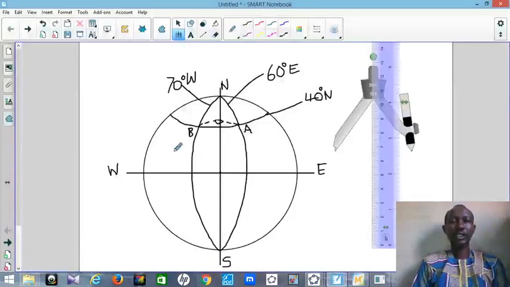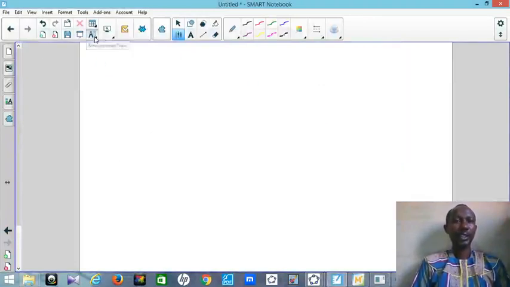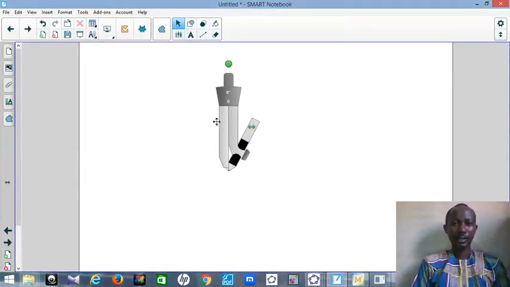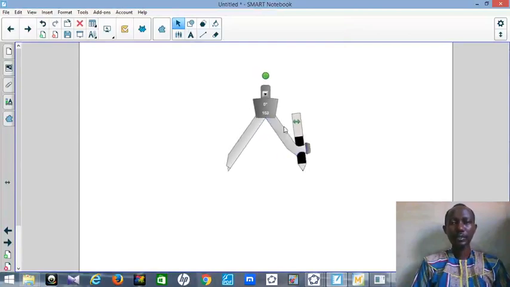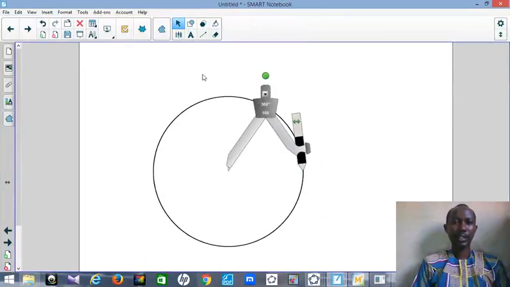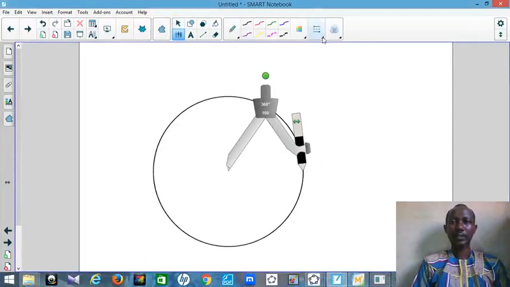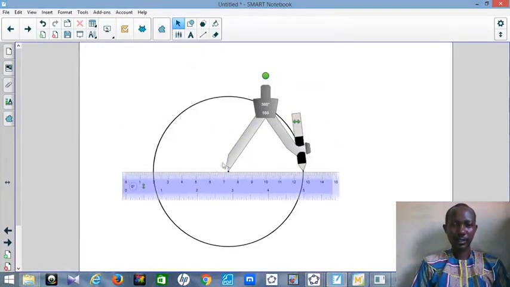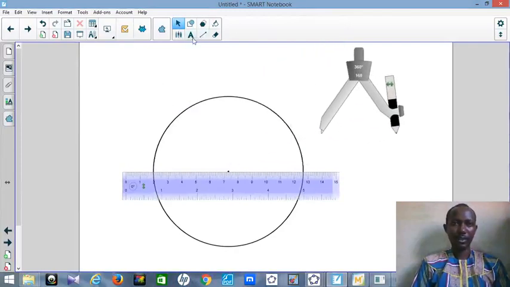So let's demonstrate it on this place so that you see what we are talking about. The same thing, you get your compass, you make your circle, just make it bold and clear. Get your circle, then your center. So this is my center. Okay, then get your ruler. Just make it neat. That's all I'm trying to do.